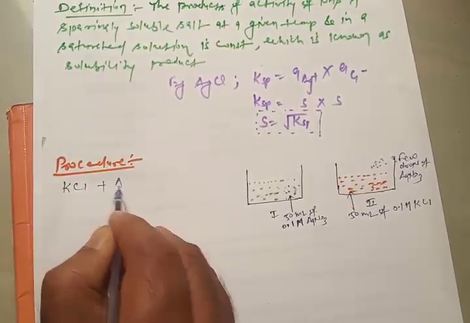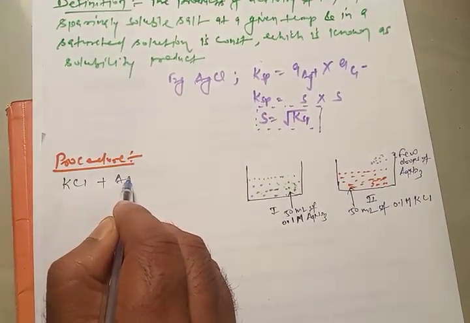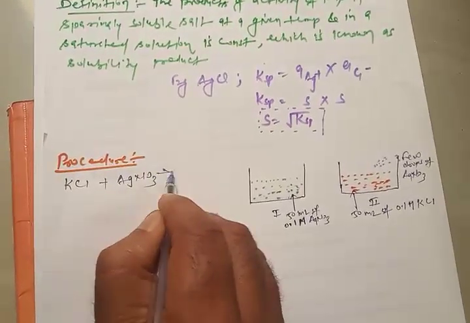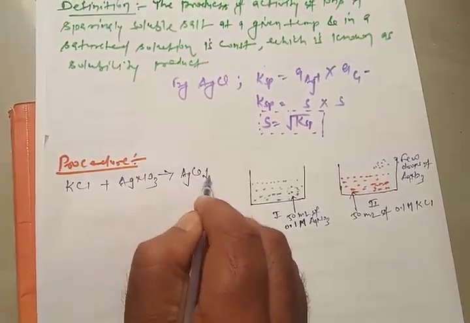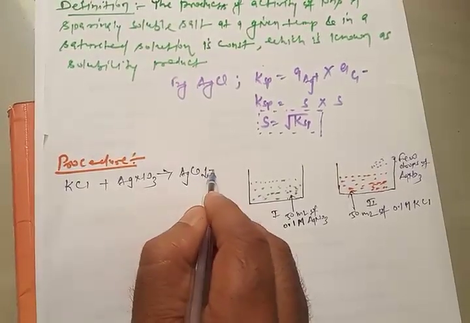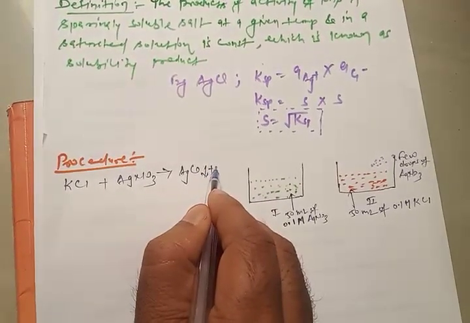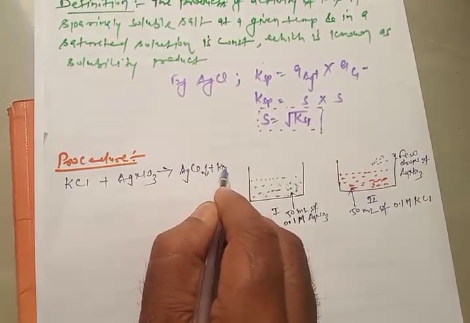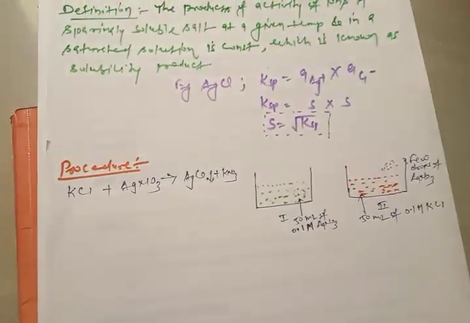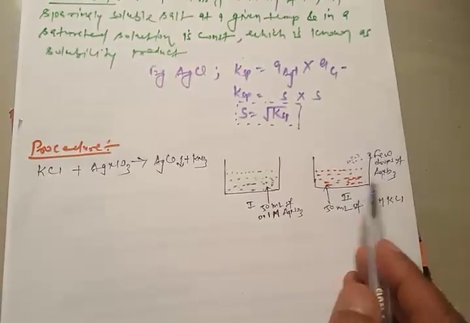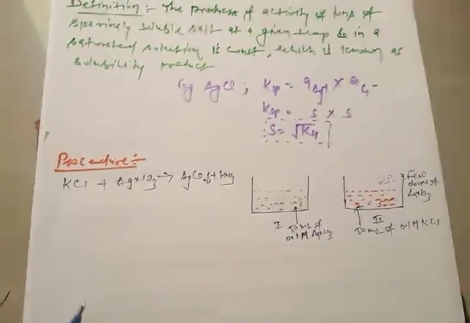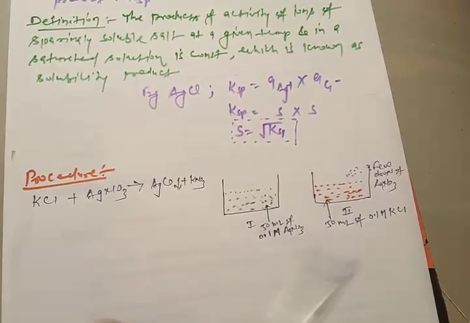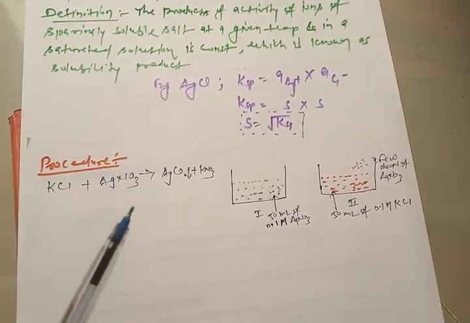So the reaction in this case is KCl plus AgNO3. This will give AgCl precipitate plus KNO3. So as soon as you pour a few drops of AgNO3, the reaction will start, and quickly you will get the precipitate of AgCl.